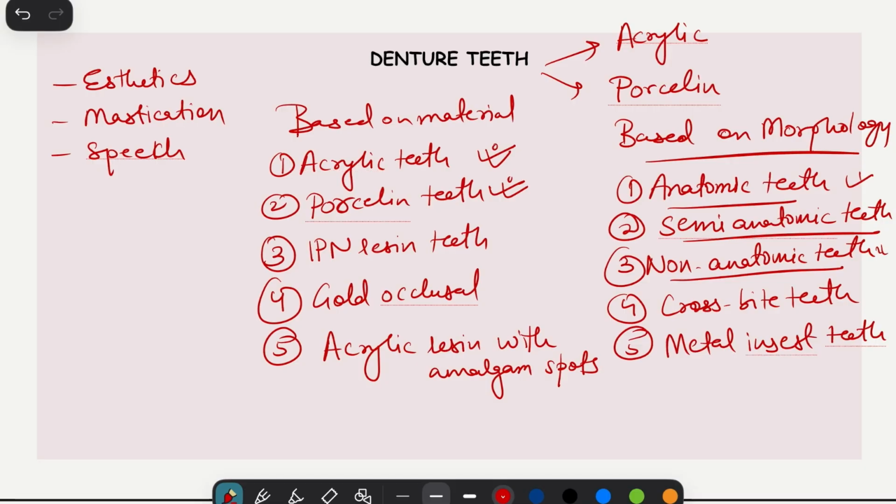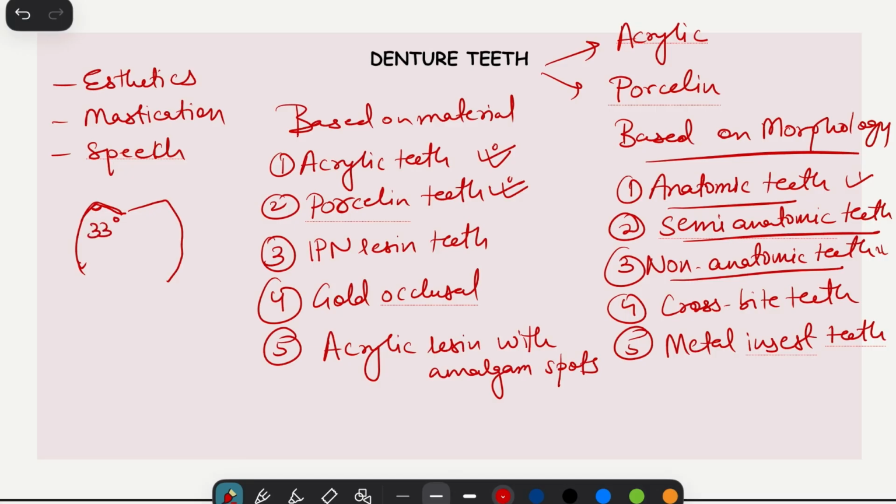They might ask you about the angle of the anatomic teeth, semi-anatomic teeth, and non-anatomic teeth. As you can see here, I'm roughly drawing a cusp of a molar. In the anatomic teeth, this angle is 33 degrees.